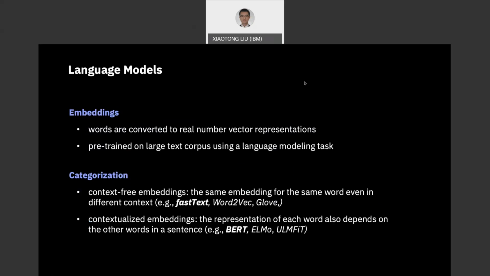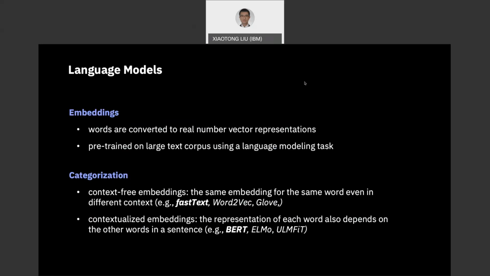Embeddings are pre-trained on a large text corpus using a language modeling task, which assigns a probability distribution over sequences of words that matches the distribution of a language. After that, embeddings can be extracted from the pre-trained language model.